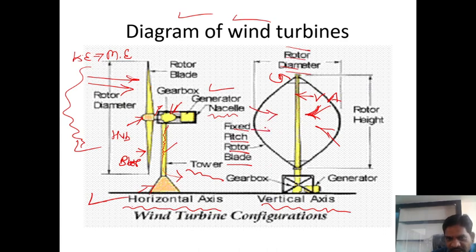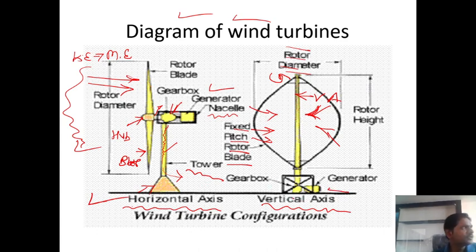Whenever the wind strikes these blades, the blades start to rotate. Along with the blades, the low speed shaft and gearbox operate, and this shaft is connected to the generator. The generator also rotates and generates electricity.